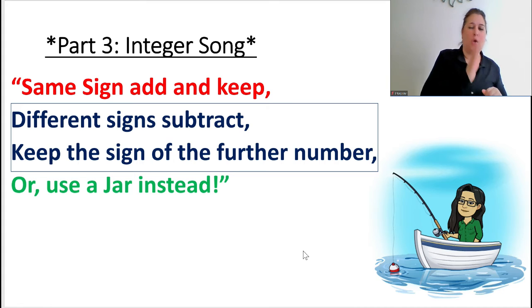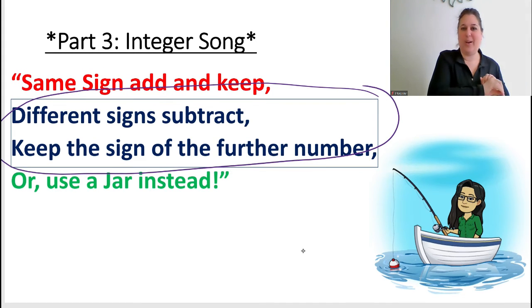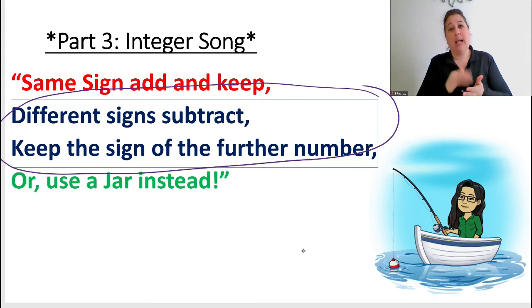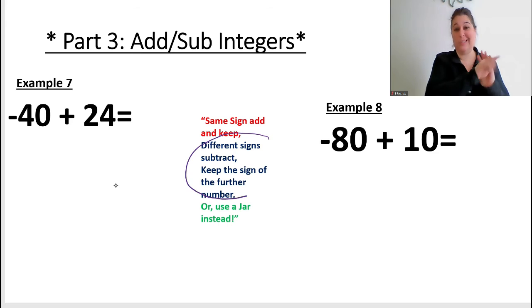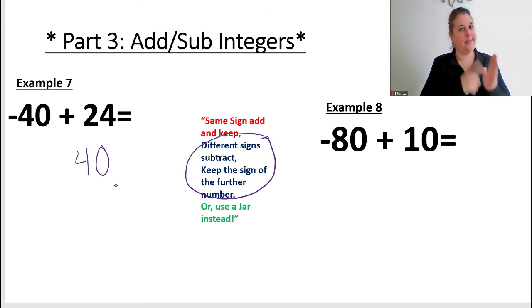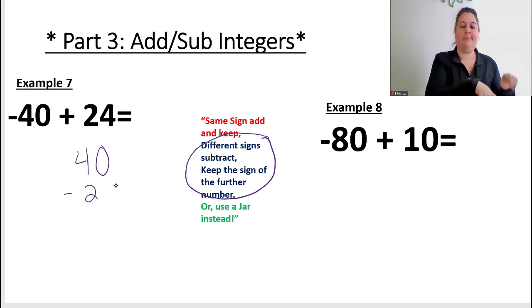All right, now let's practice the next part of the song when the signs are different. Different sign, subtract. Keep the sign of the further number. Okay, so here we go. Example 7. Are they the same sign or different? They're different, so we're going to use the middle part of the song. Different sign, subtract. Okay, so just take 40 and minus 24.